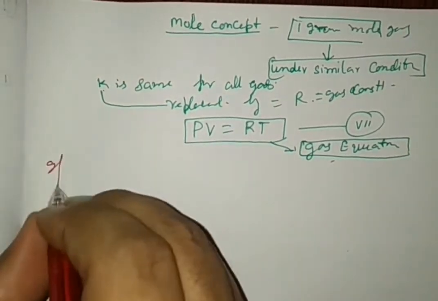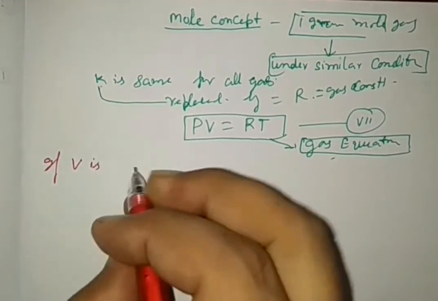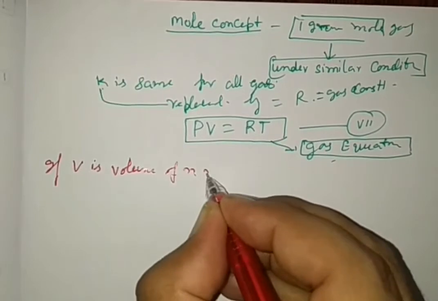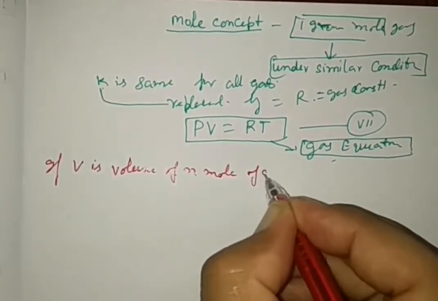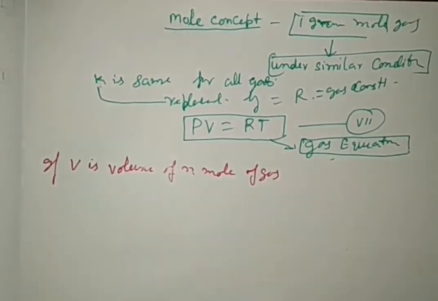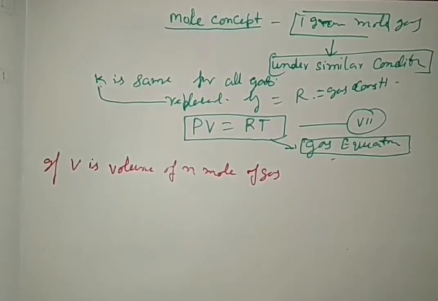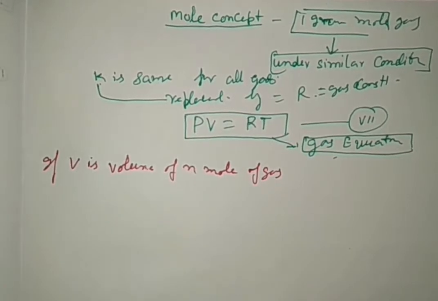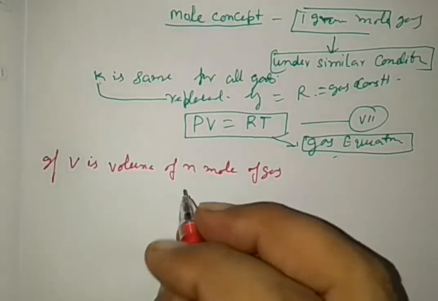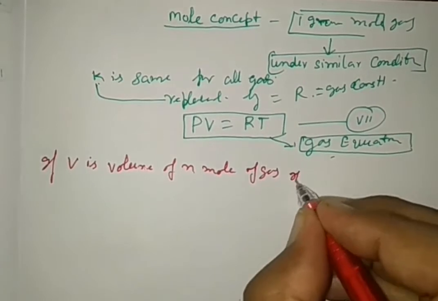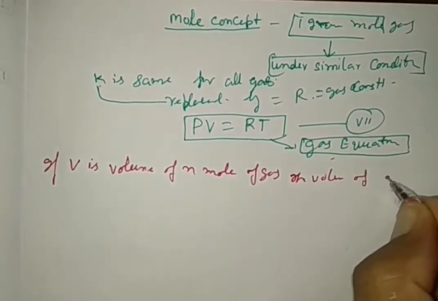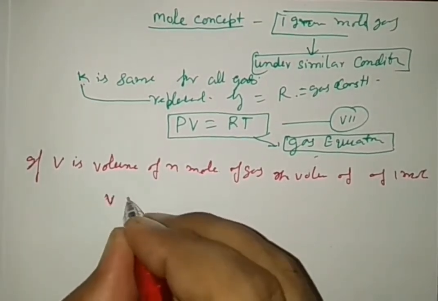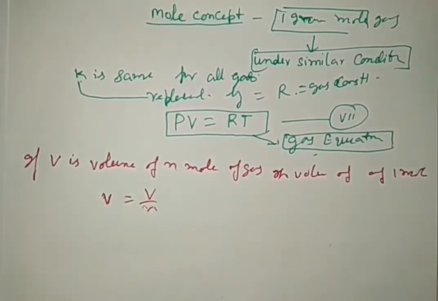If V is the volume of n moles of gas, more than 1 mole or less than 1 mole, maybe the value 0.5, 0.2, 1.5, 3, 2, 3.5, any value, in that condition the volume of 1 mole can be written as v is equal to capital V by n.